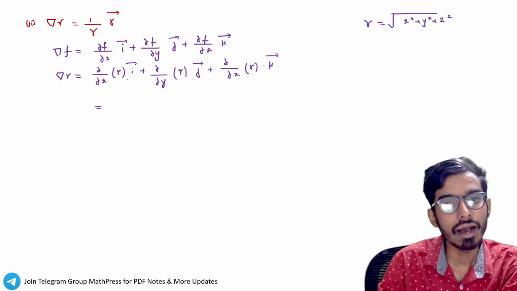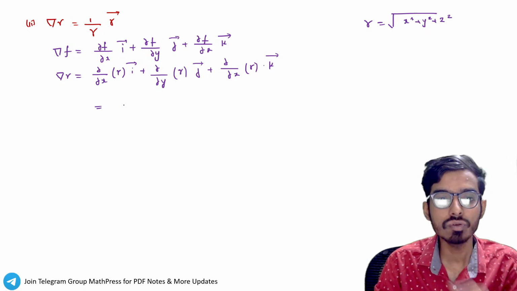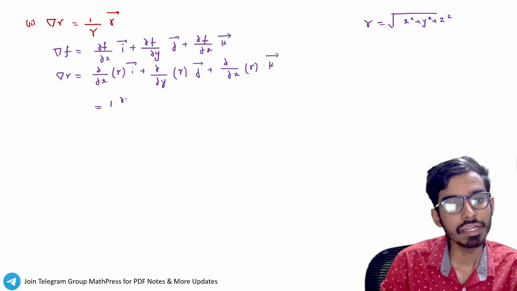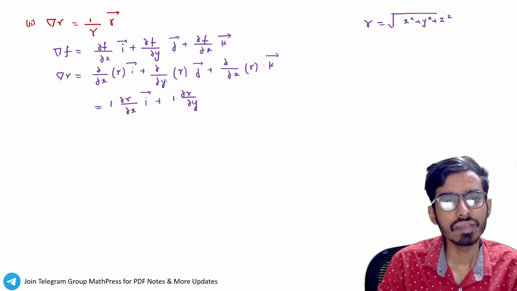So when I differentiate r, it will be 1 into ∂r/∂x into i vector, then 1 into ∂r/∂y into j vector, and 1 into ∂r/∂z into k vector. This is normal differentiation, but with respect to y we are doing.